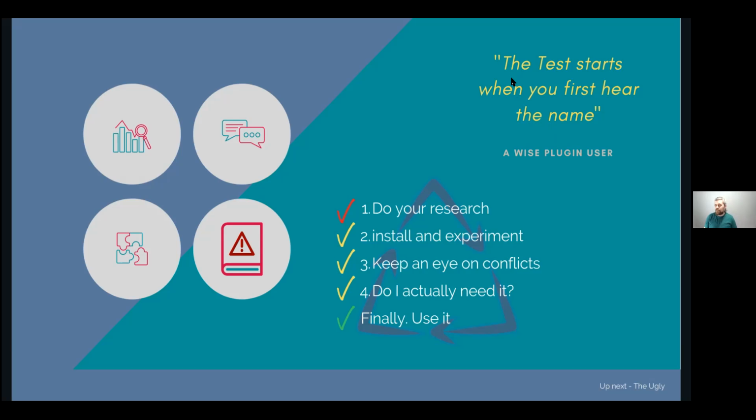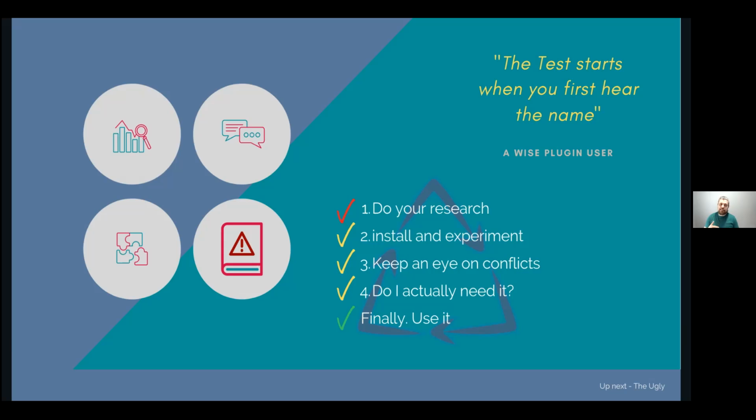The test starts when you first hear the name. So first, when you hear the name, you check the ratings of the plugin, you check the reputation of it, you check the update frequency, and you check the feedback. And all of that information is provided when you first search for the name.